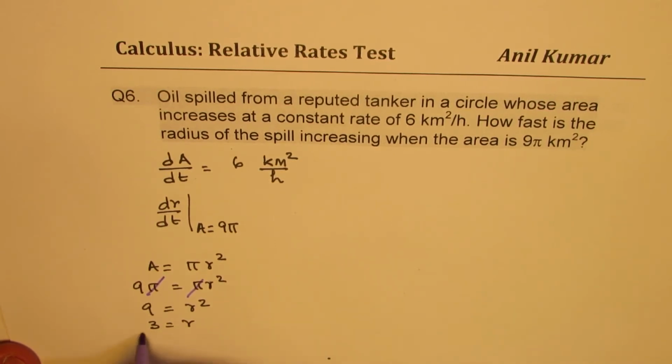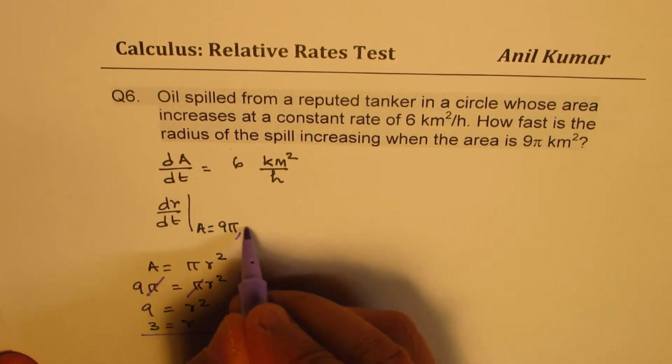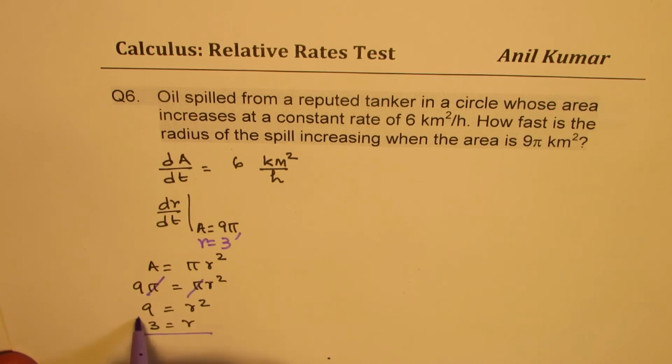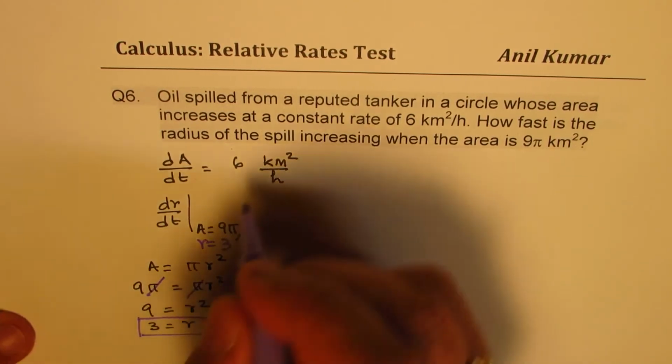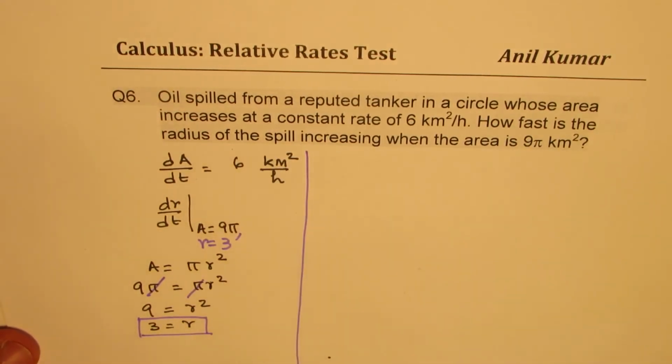That means basically, what is the rate of change of radius when the radius is equal to 3? Does it make sense to you? We just calculated the value of the radius when the area is 9 pi. That is actually very important to work out. Now, how fast is the radius of the spill changing?